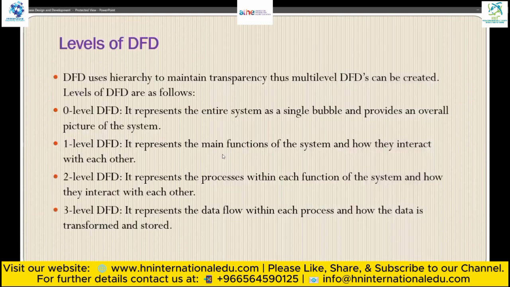Ayaz, please read it. Levels of DFD. DFD uses hierarchy to maintain transparency. Thus, multi-level DFDs can be created. Levels of DFD are as follows. Zero-level DFD. It represents the entire system as a single bubble and provides an overall picture of the system.